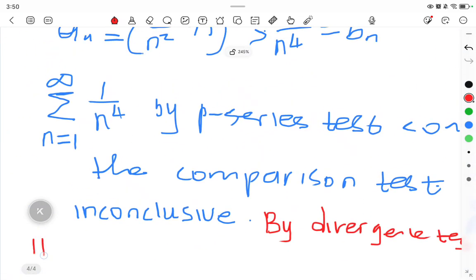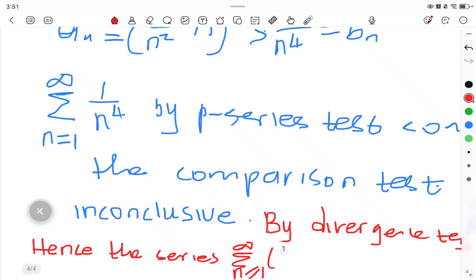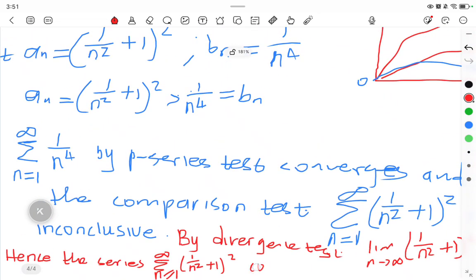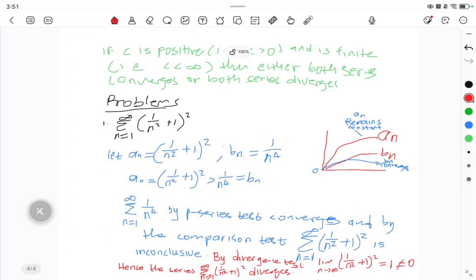Hence, the series will diverge. Then that series will diverge. Any question? Is there any question?